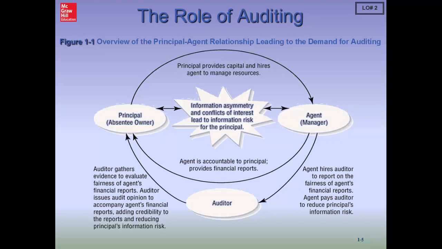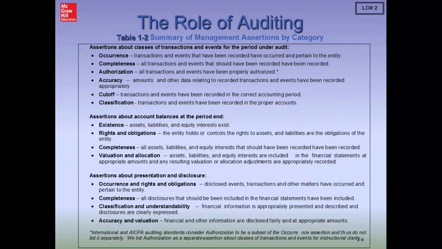So again, our role as the auditor is part of this communication, and part of this communication is that we are providing an objective, independent, professional, skilled opinion of the fair presentation of the financial statements.